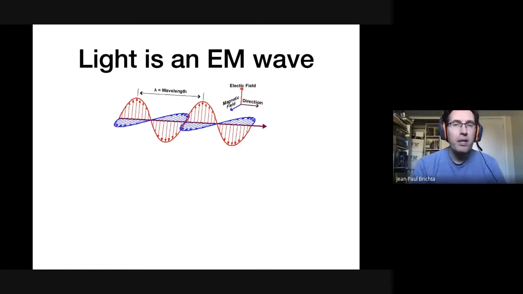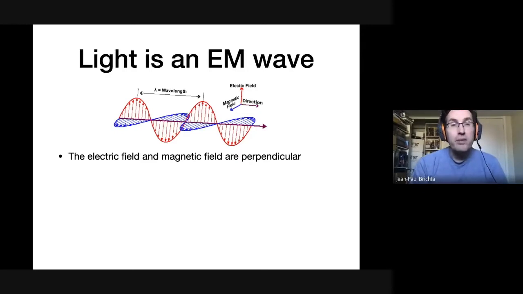So in other words, calling light an electromagnetic wave means there are literally two waves happening simultaneously. One of them is an electric wave, the other one is a magnetic wave. And the direction is, I guess that's purple, pointing off to the right there. And that's essentially the direction that the wave is going.